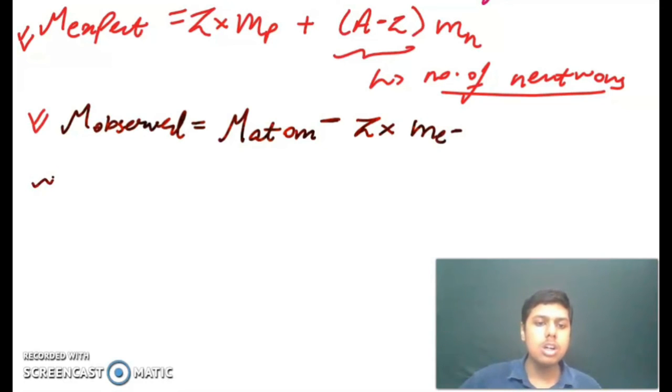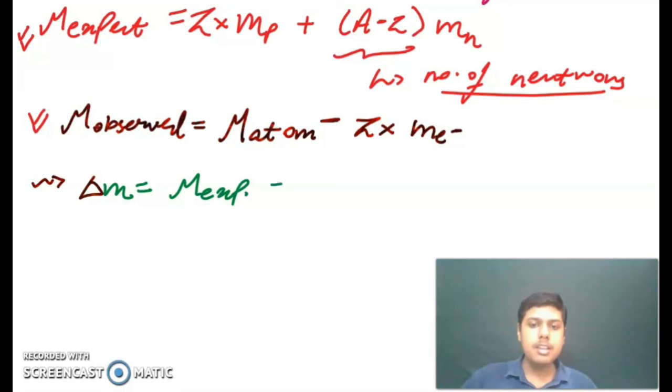Now, what does the mass defect say? Delta M is the expected mass minus the mass that is observed.